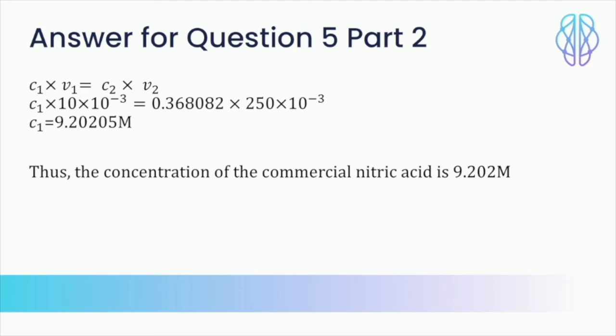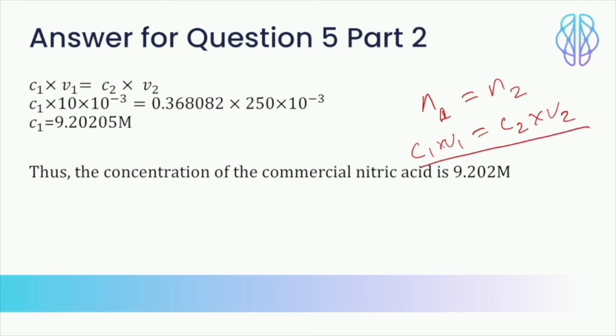You're just dumping an excess amount of extra water to dilute the already present moles of nitric acid. Thus, n1, so the moles before the dilution, equals the moles after the dilution, and thus C1 times V1 equals C2 times V2. Recall that relationship that we drew from the earlier video.